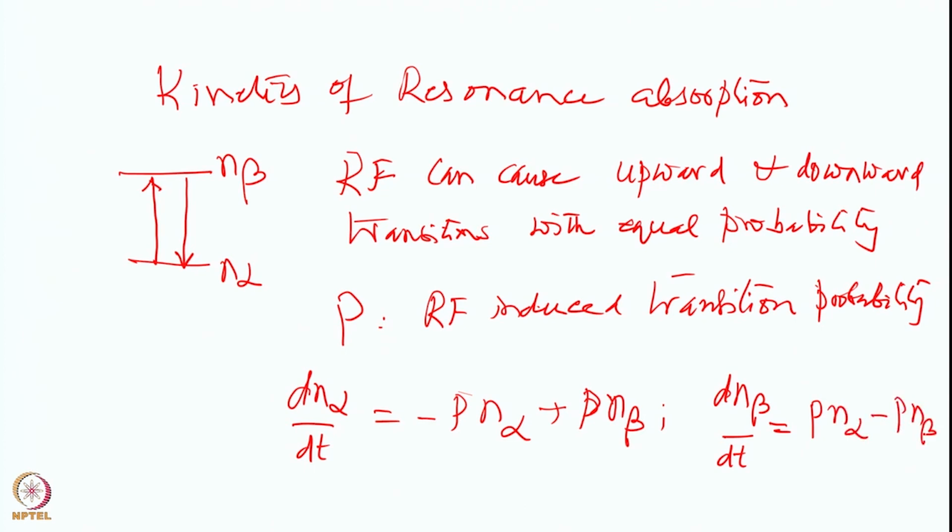Okay. So, therefore, this can be combined into one equation. We will not derive all of these things, but I will just give you the basics and we will go into the solution. So, if I write d by dt of N alpha minus N beta, okay, what will I get?